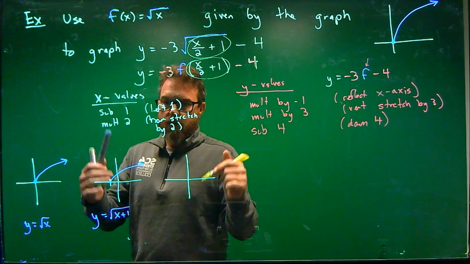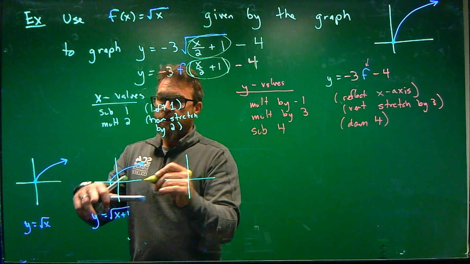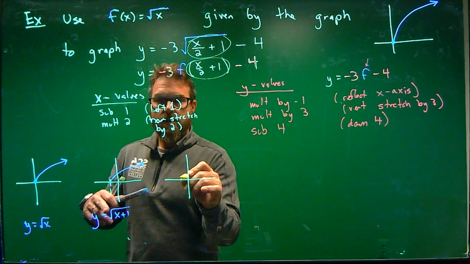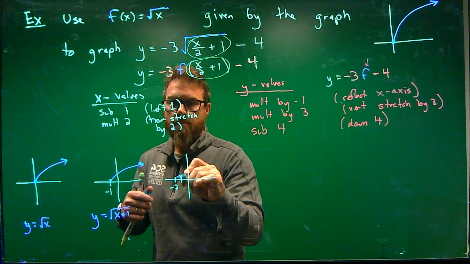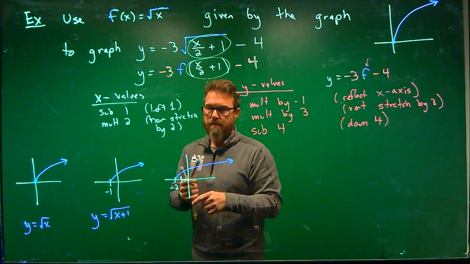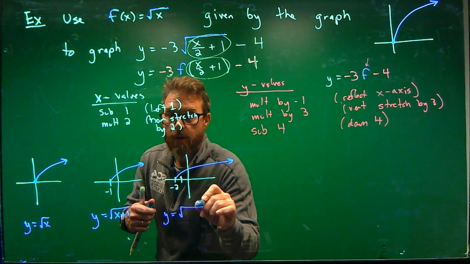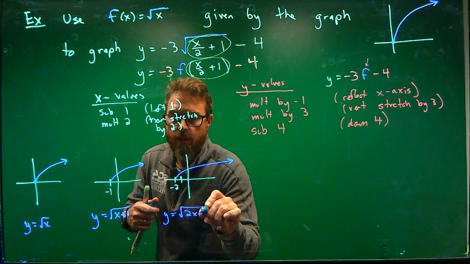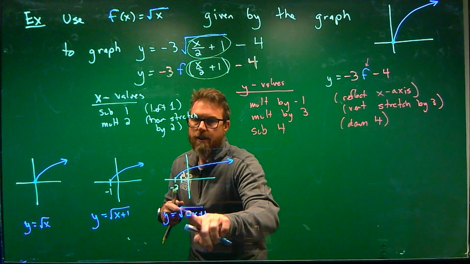So I'm going to stretch this thing horizontally, which means I'm going to stretch this value as well. Right now this is going to be -1, so when I stretch everything, this is going to be -2, and it's going to look like this. But everything is going to stretch by 2. So now this is y is equal to the square root of 2x plus 1. Oh, my bad. x over 2 plus 1.